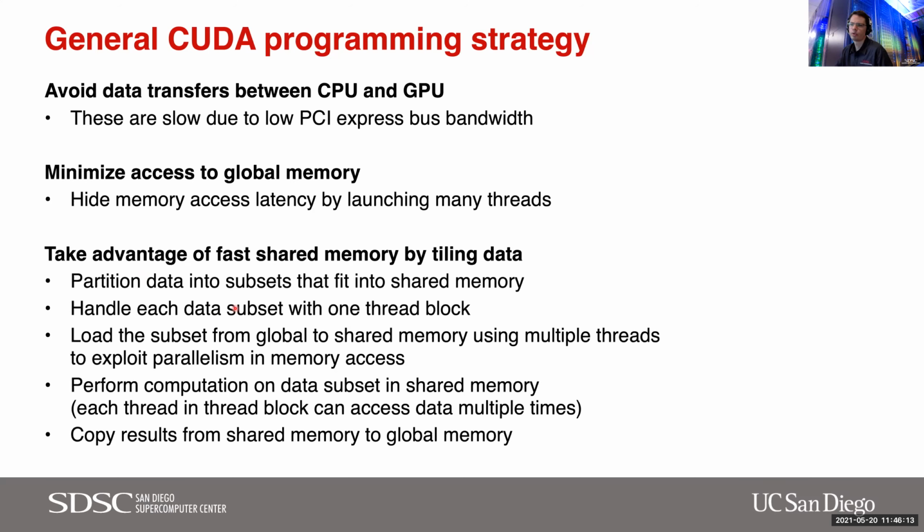So you decompose your problem into smaller problems that you operate on in parallel, or within those smaller problems, you also work in parallel with your threads in a block. And so you load that subset of data from global to shared memory, then you perform the computations, and then you copy the results back to the global memory.